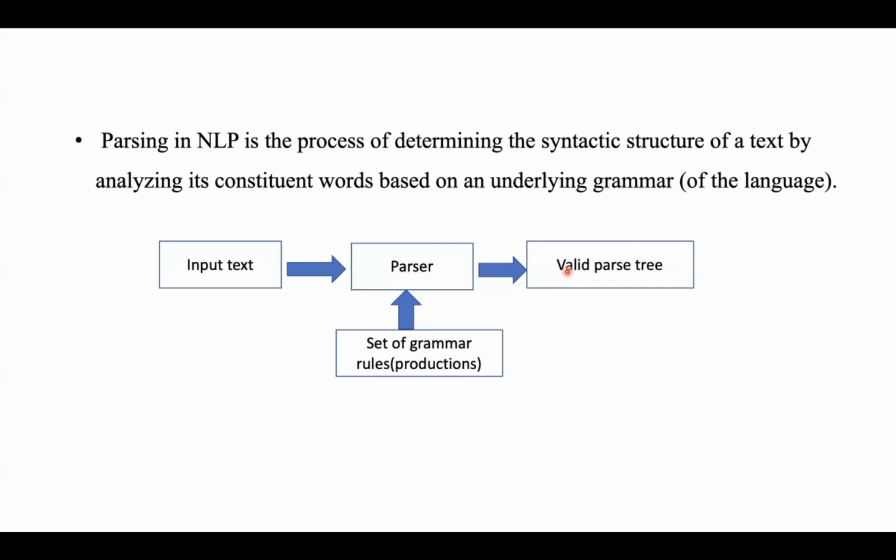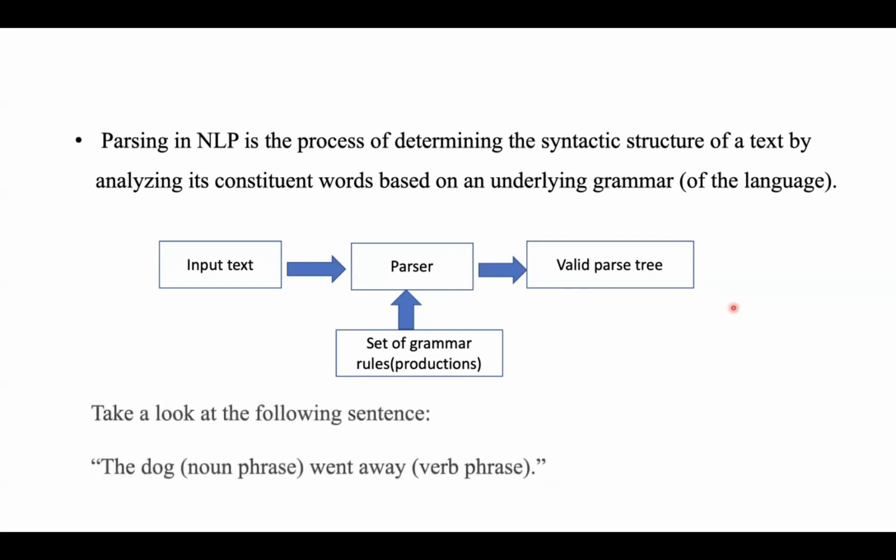So syntactic analysis basically assigns structure to a text. How does it assign that? See this sentence. For example, a sentence includes a subject and a predicate, where the subject is a noun phrase and the predicate is a verb phrase.